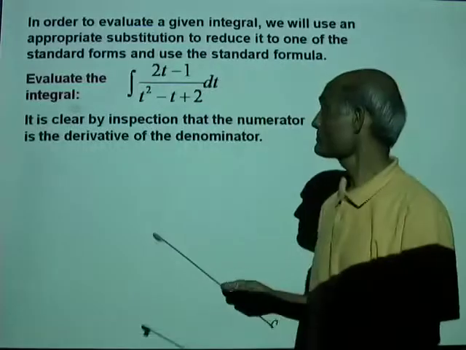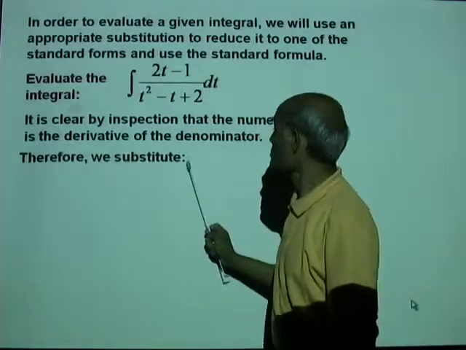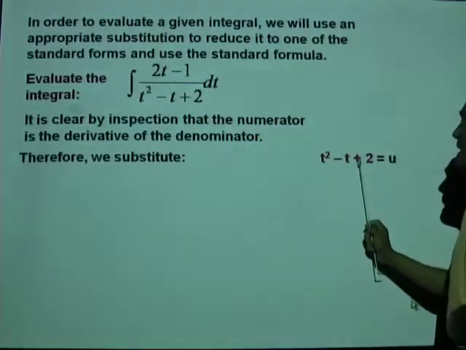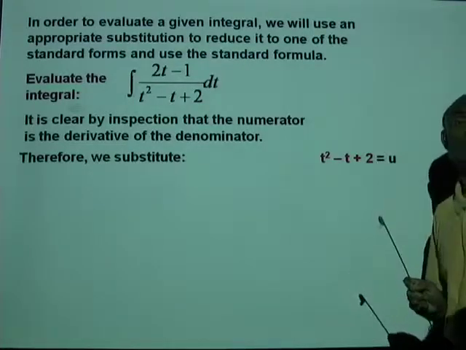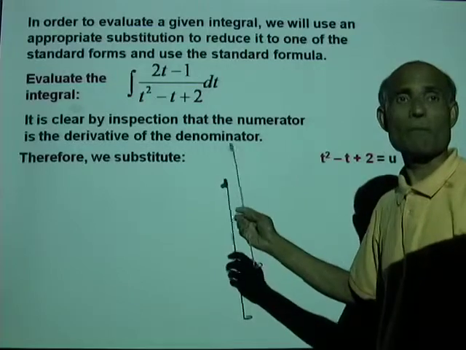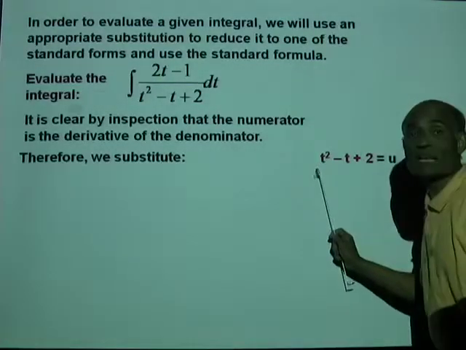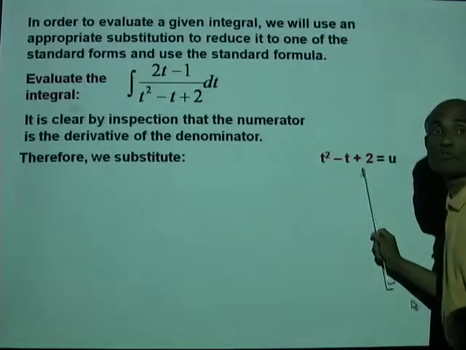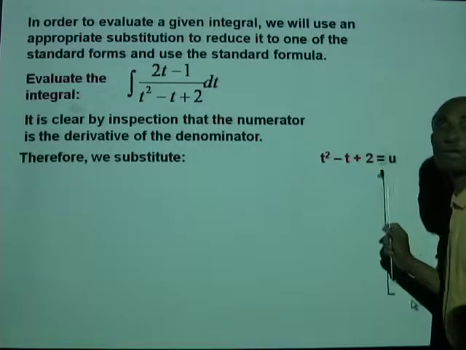Alright, let's do that. So we substitute t squared minus t plus 2 equal to u. What is the first thing you do after making a substitution? We take the differential of both sides and obtain du.